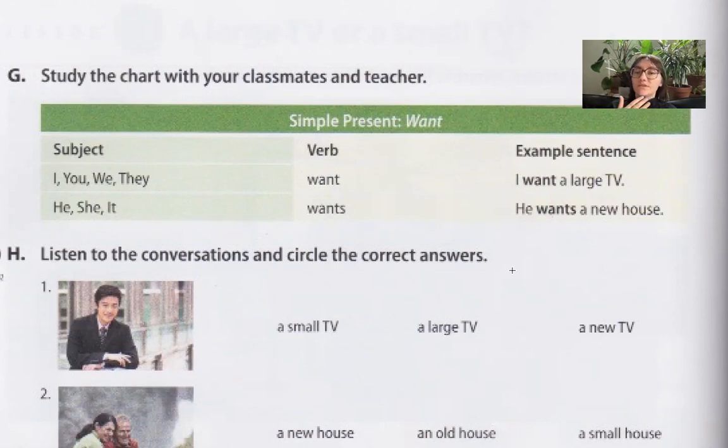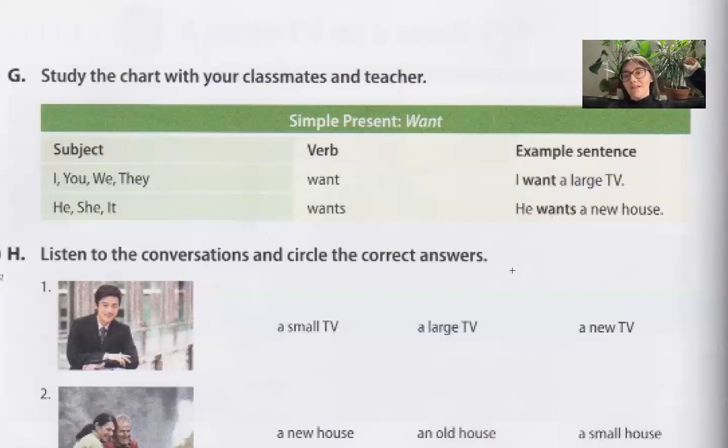But if we use he, she, or it, we say wants. Remember, we add the S. He wants, she wants, it wants, right? He wants a new house, you could say that. Or you could look at your plant. We don't gender plants. It's not a he or she. Some people do, I don't know.